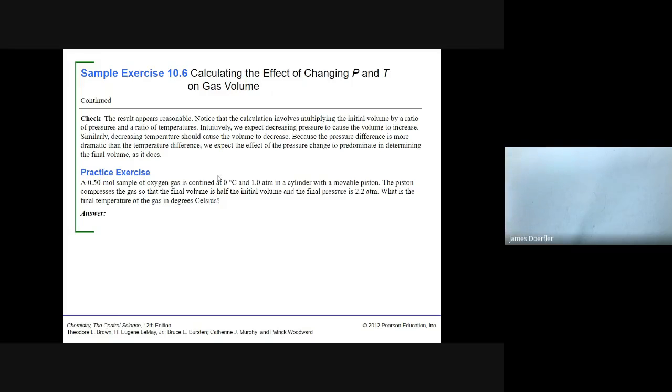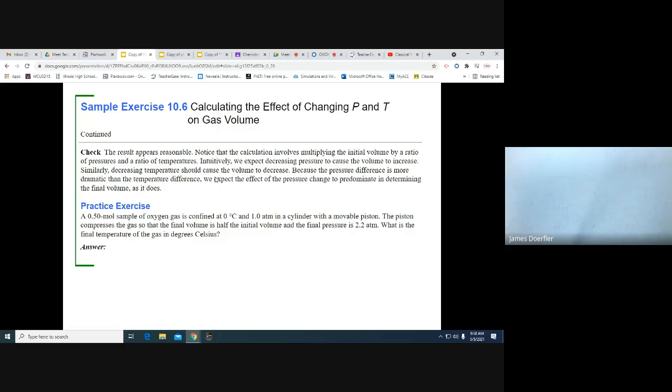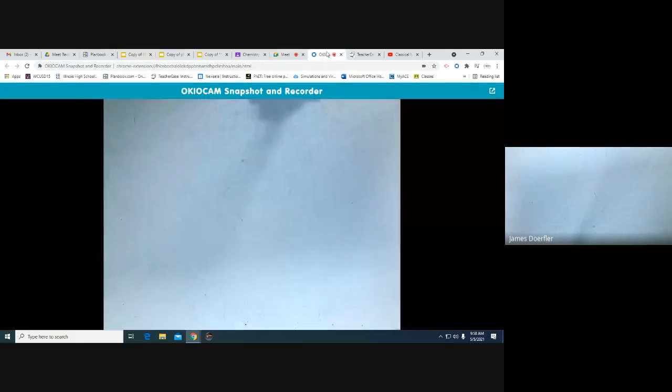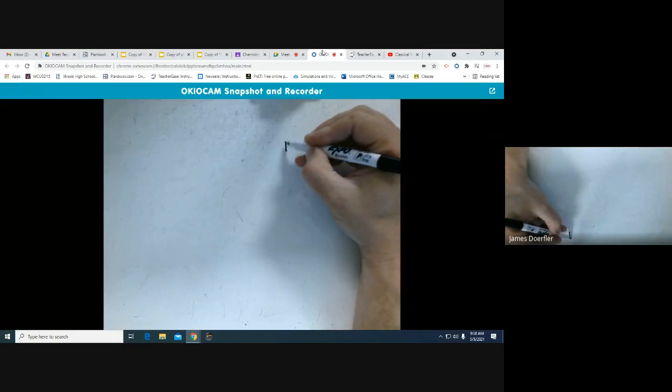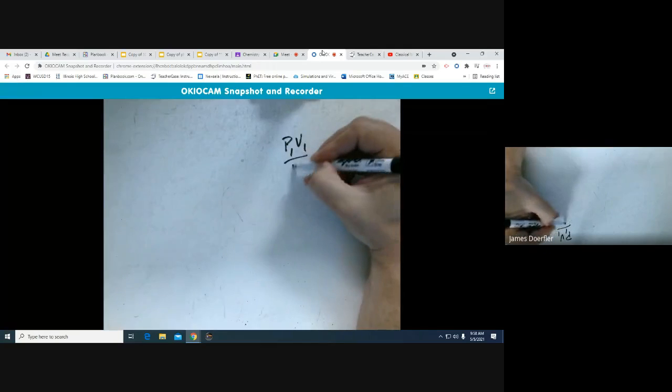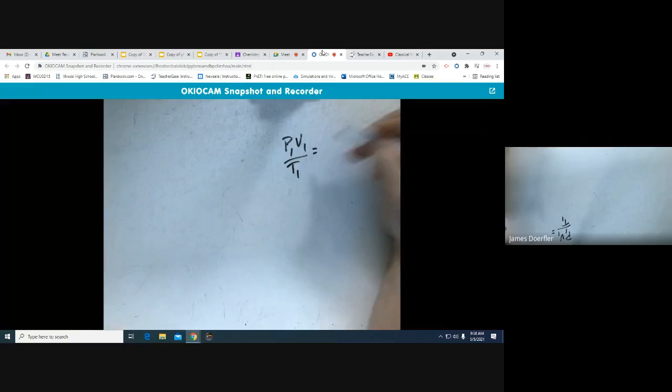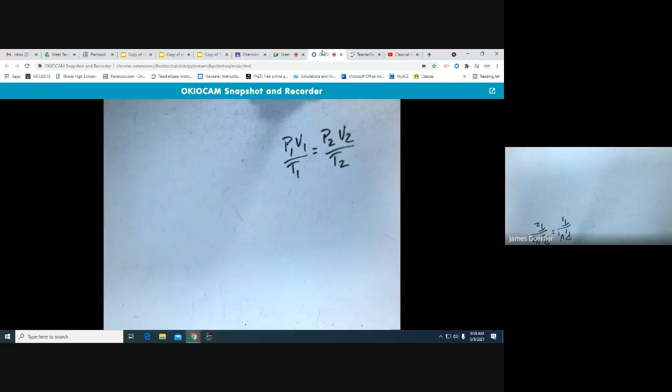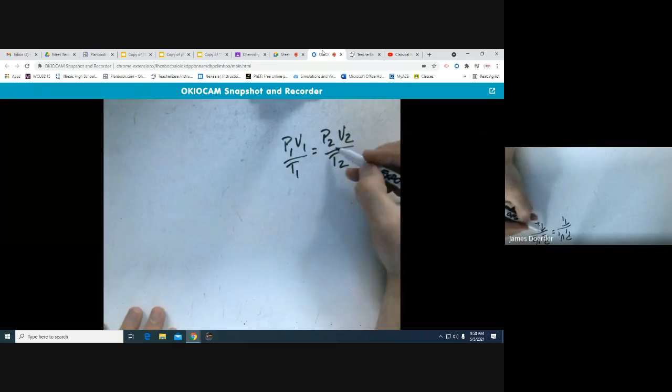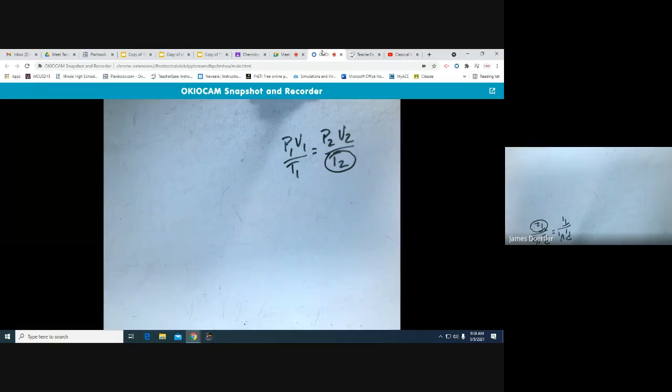We've got P, V, and T changing. So the formula that we need to use is going to be that combined gas law, where it is P1 V1 over T1 equal to P2 V2 over T2. And what are we trying to solve for? Final temperature, so T2. Okay?